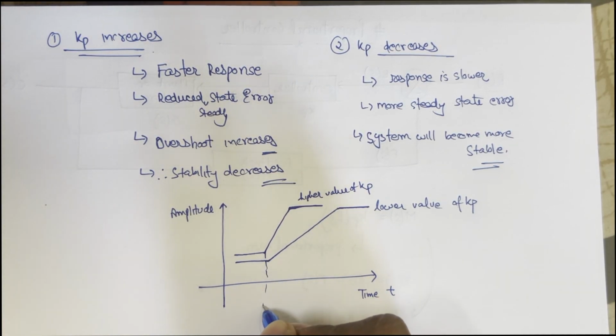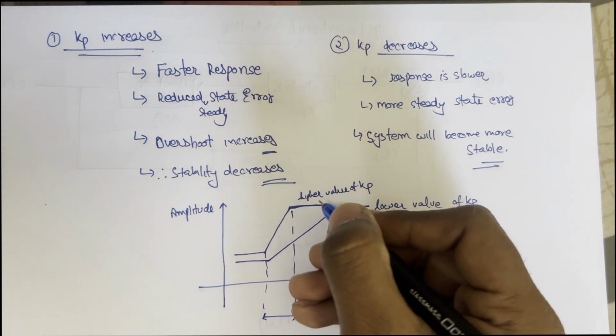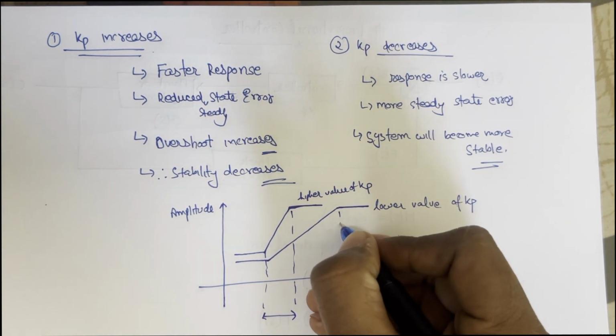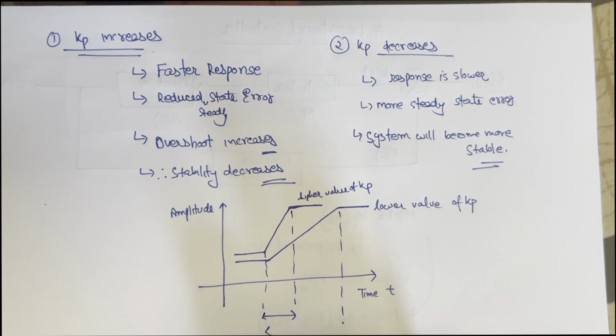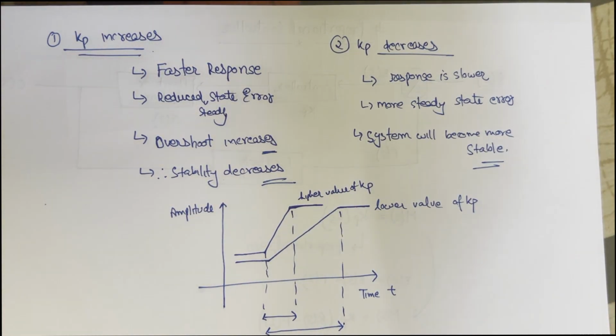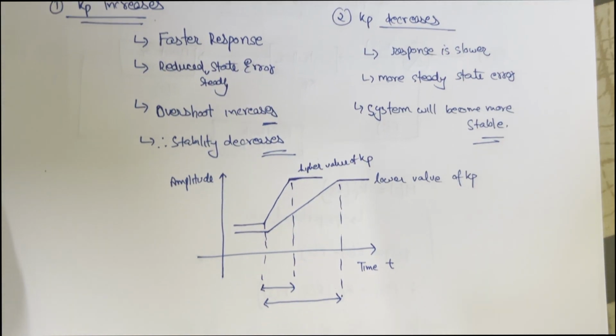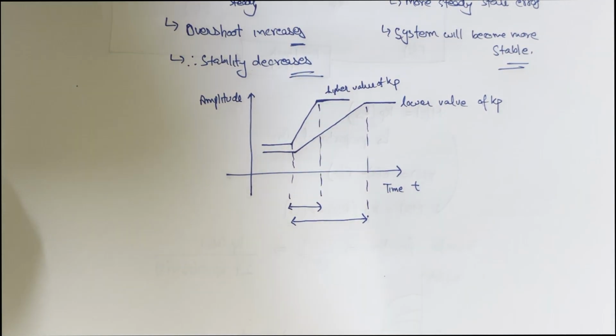You can see using this, this is the less time taken when the value of Kp is higher, whereas when the value of Kp is lower, the time taken is more. So this was the effect of Kp.